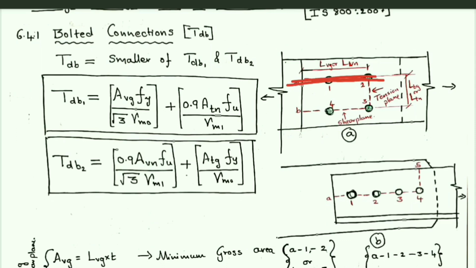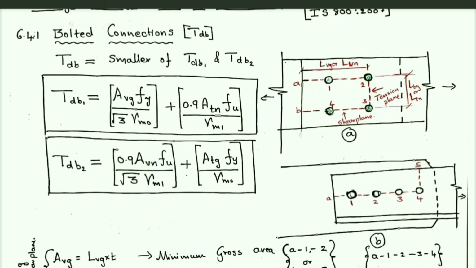This will be the shear plane, this one. And AT means area along the tension plane, that is this one. This will be the tension plane and this will be the shear plane.